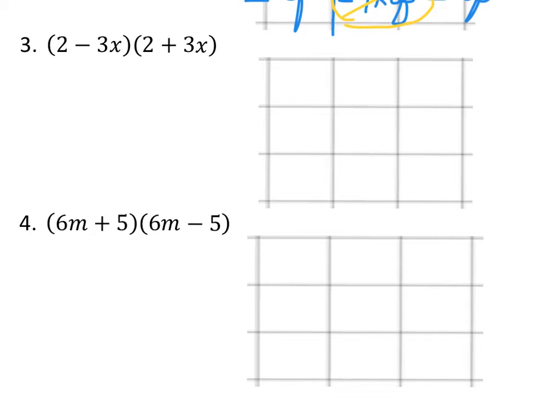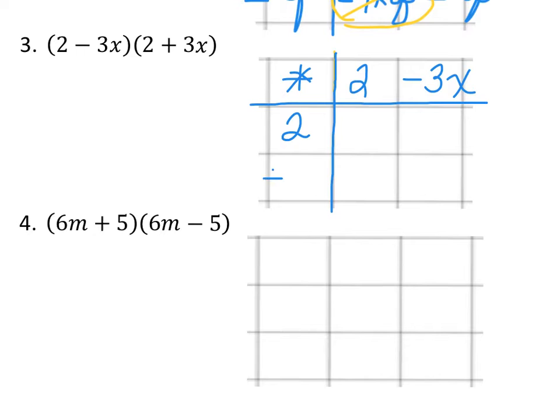We have 2 minus 3x times 2 plus 3x. And of course, 2 times 2 is going to give us 4.